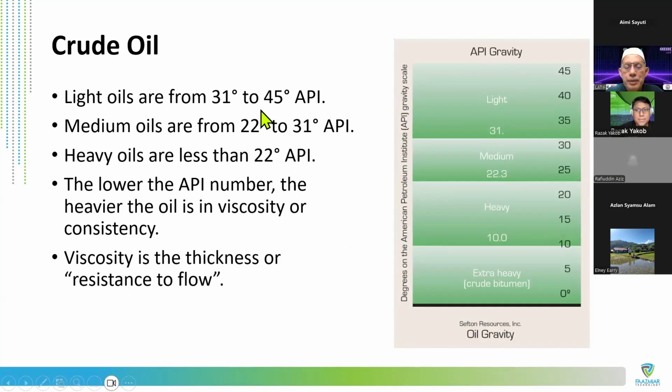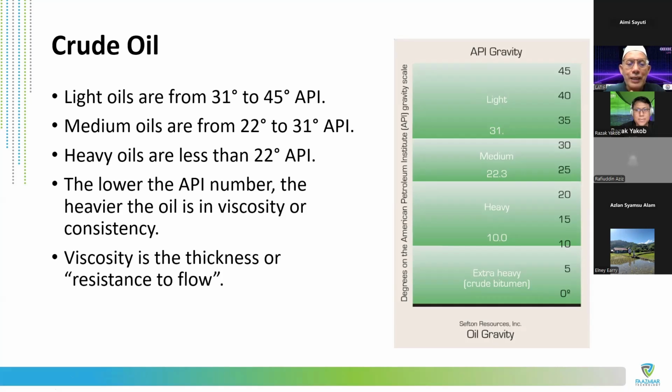The API is about 40 for the light. It's very light, high quality oil from the Tapis blend in Peninsular Malaysia, and we can sell that at a premium. For example, if the oil price is $70 per barrel, we can sell the Tapis blend at about $75, a $5 premium, because of the high quality, less lead, and very low CO2.